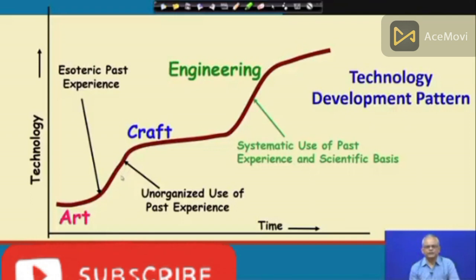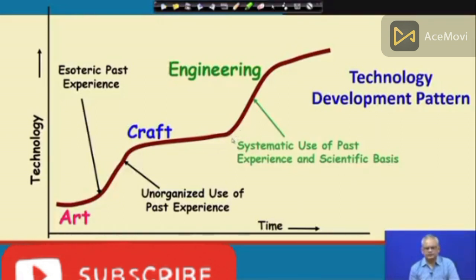They know the techniques, but they do not share them, and there are craftsmen who know how to do it. They share with a very small number of people, and slowly it transits to an engineering approach.